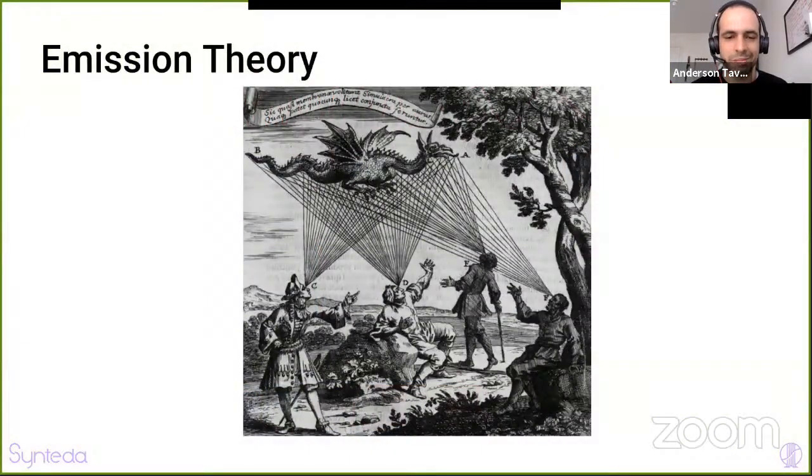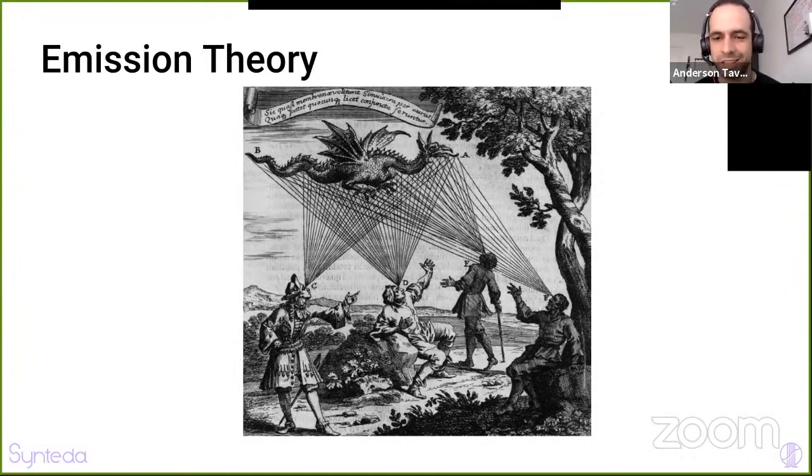Before, the Greeks thought that instead of receiving the rays in order to see, we sent rays to the object, as if we touched the object using the rays. This is the emission theory, and the Greeks believed in that.